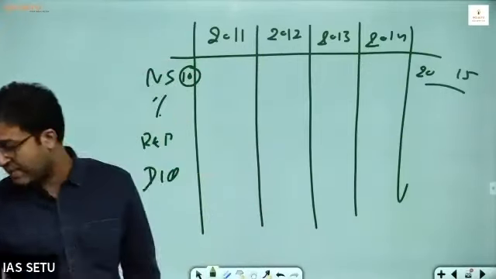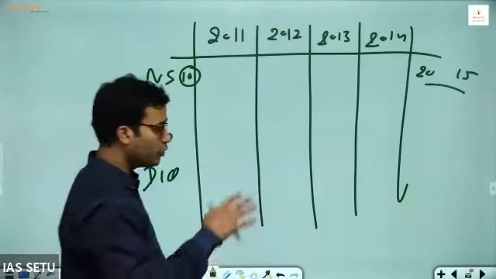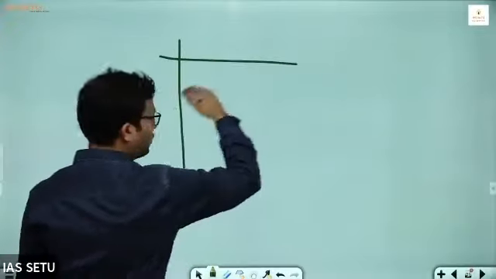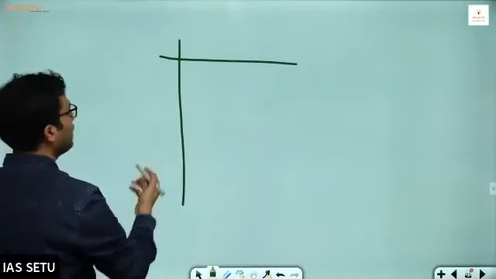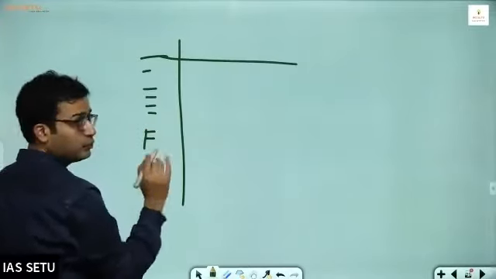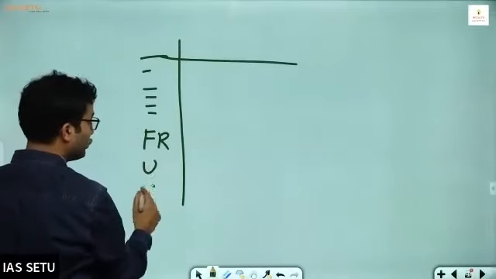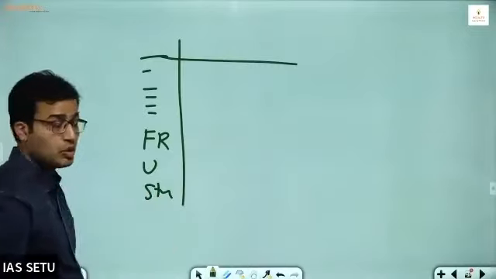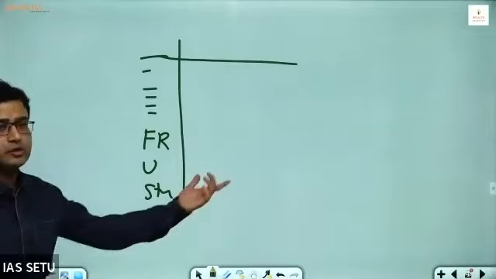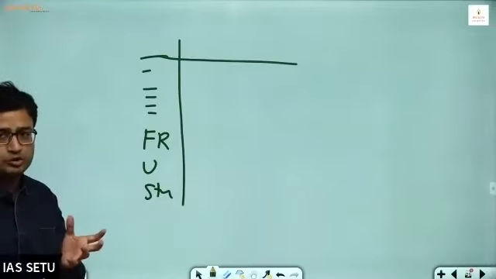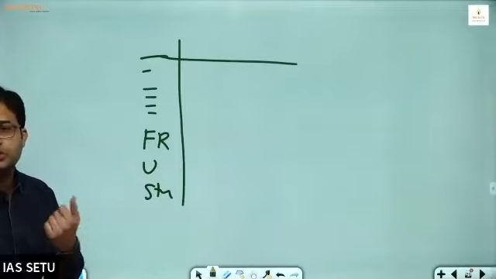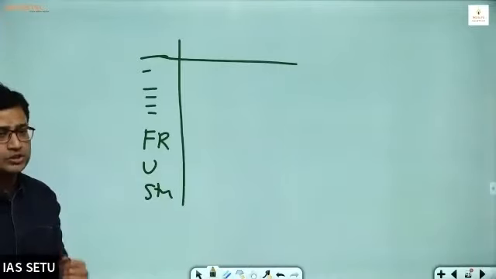If you do the same exercise for GS, like in GS 2011 to 2020, if you see polity, citizenship and other topics, you will realize there are some topics like fundamental rights, like union and state. यूनियन एंड स्टेट आर द टू मोस्ट इंपोर्टेंट टॉपिक। भर भर के क्वेश्चन आते हैं, बट कंसेप्चुअल क्वेश्चन रिलेटेड टू मनी बिल, related to finance bill, related to constitution amendment bill, and conceptual statements.